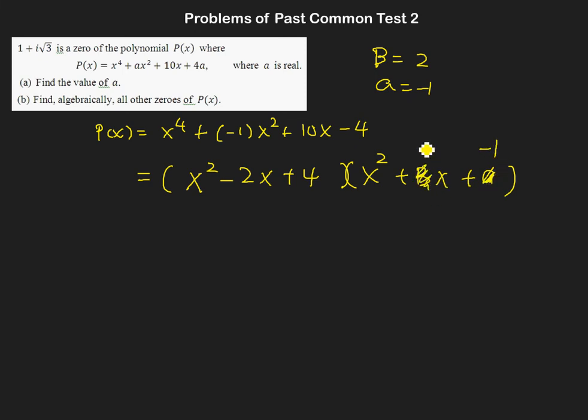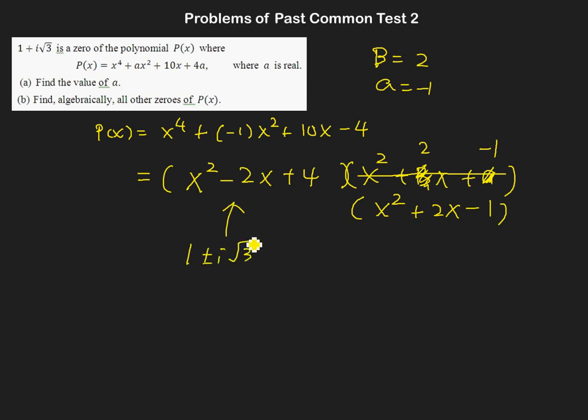So that means this particular factor is actually x squared plus 2x minus 1. And we know the zeros to this, because we formed this quadratic factor using our understanding of a 0. So the zeros are 1 plus minus i square root of 3.